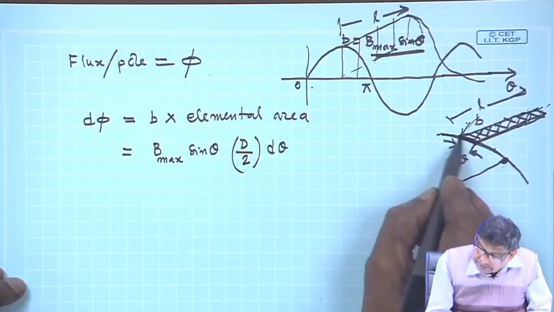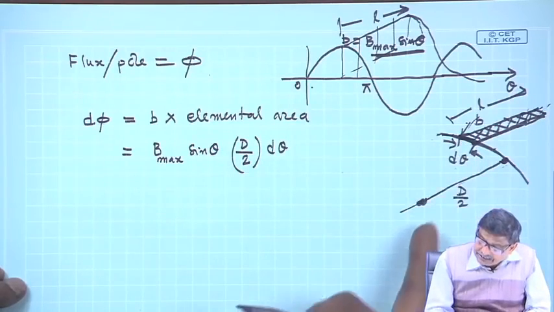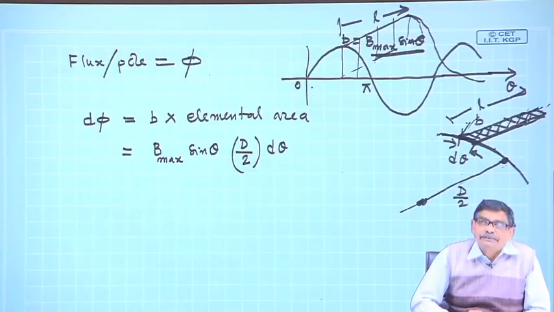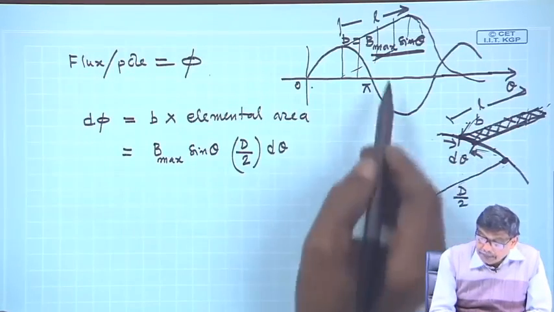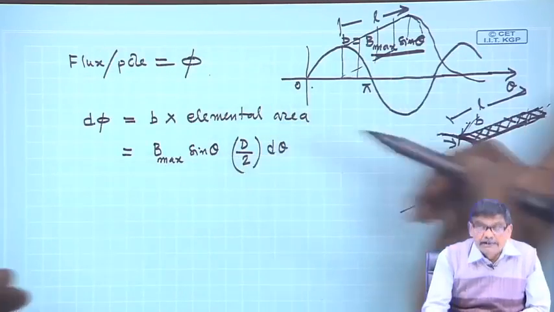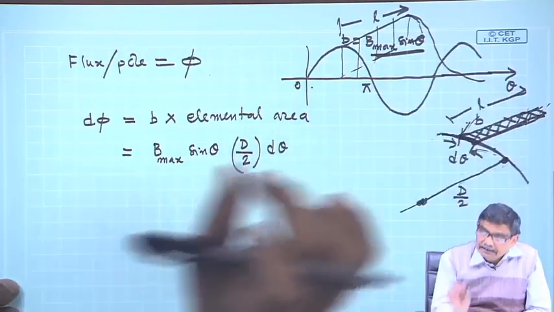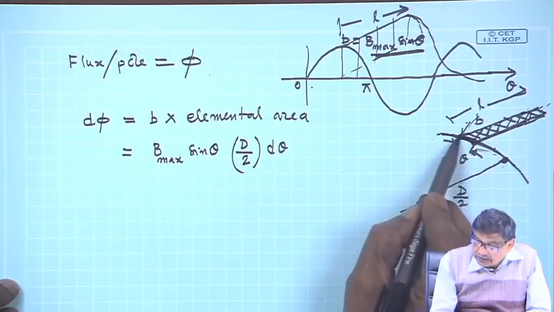But is it correct to say that D by 2 into d theta is this length in meter? No. Why? Because this theta I am measuring in electrical degree. So arc d theta is the elemental arc on the rotor.